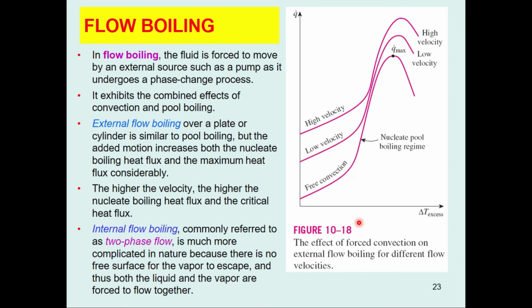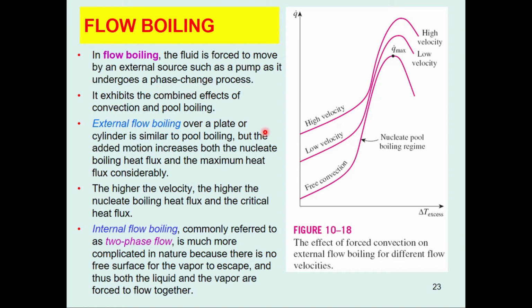So boiling has been classified into two major classifications, such as the pool boiling that we have just studied in the previous slides. So let us discuss flow boiling. In flow boiling, the fluid is forced to move by some external means, such as a pump, and it also undergoes phase change processes.